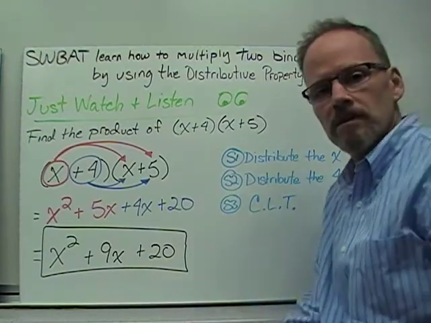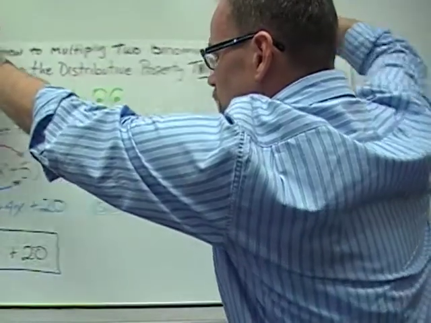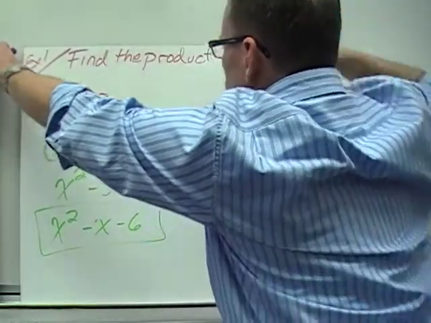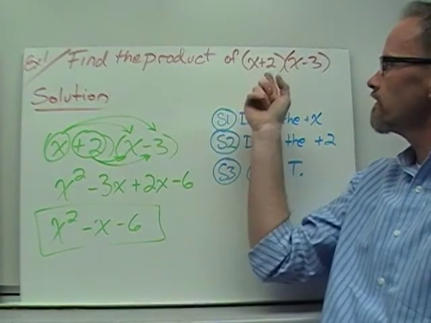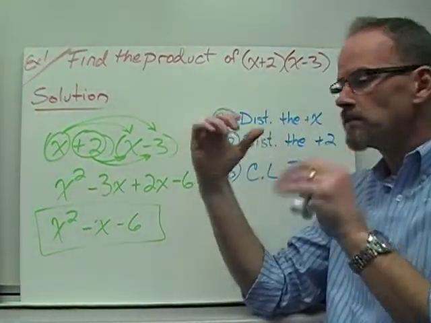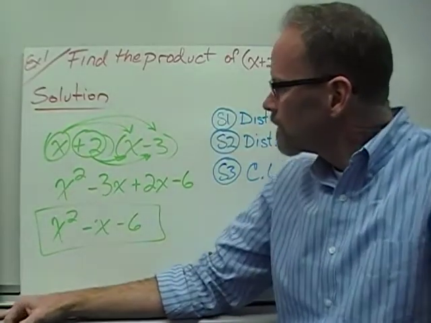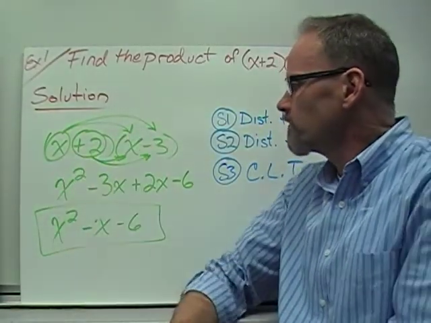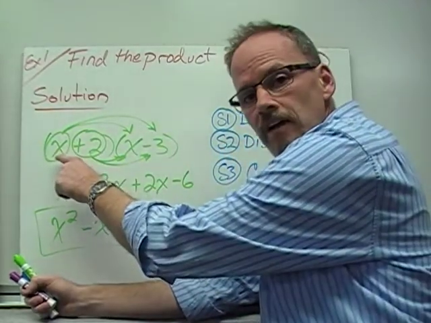And then if we have any cleanup to do, we combine like terms. All right, so here comes an example, and you can write this one down with me. Example 1. Find the product of x plus 2 times the quantity x minus 3. So I rewrote it here, and the first thing I did was distribute the first x right here.